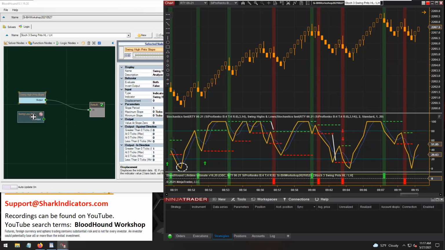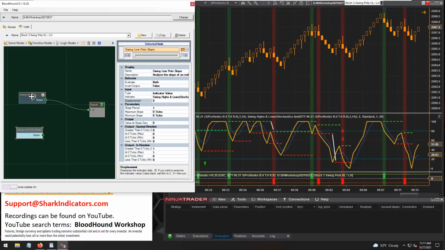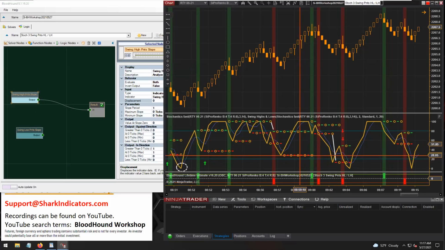Now that we have our main solver set up, identifying the swing points stepping up or stepping down, of course, that all depends on how accurately the swing indicator is doing that job.